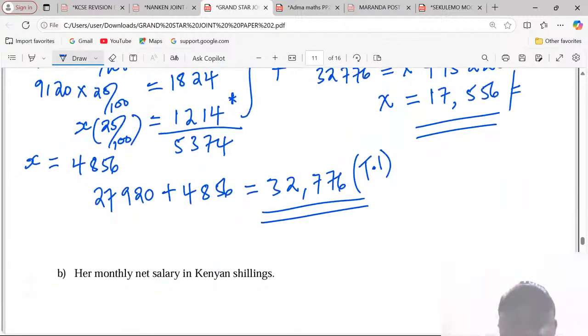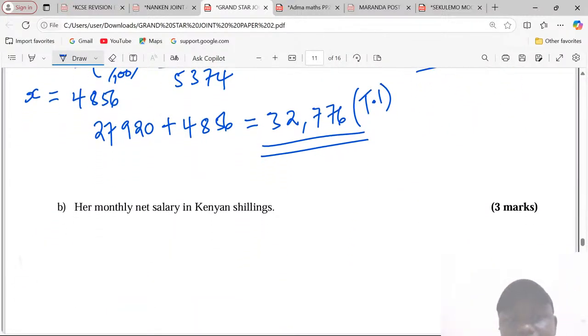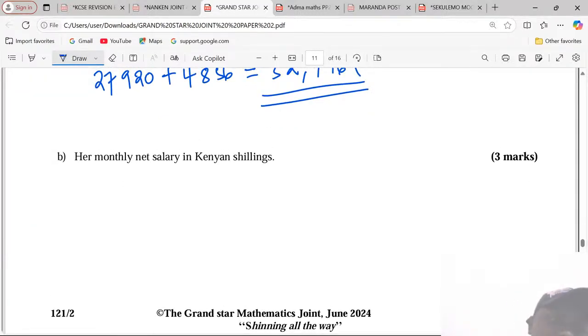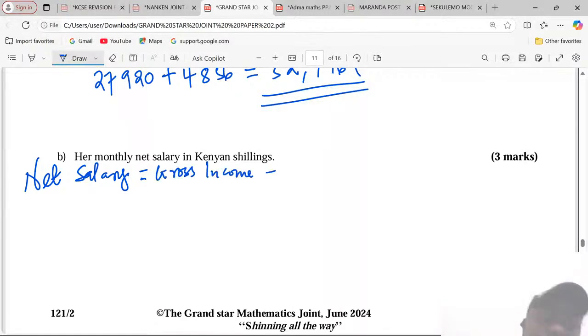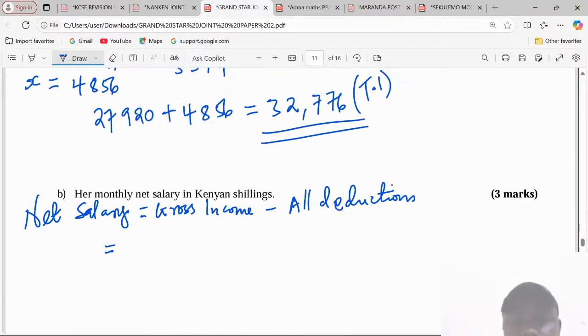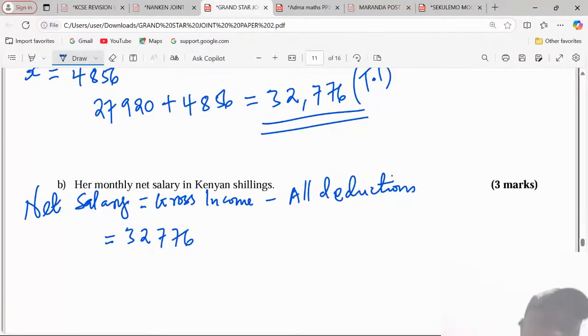At that point now we can finish up by getting a monthly net salary for Madam Marylinet. Net salary, how do we get it? This shall be gross income minus all deductions. So we need gross income or other taxable income for this particular case, that 47,776.